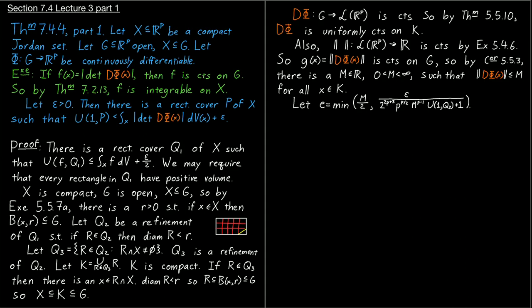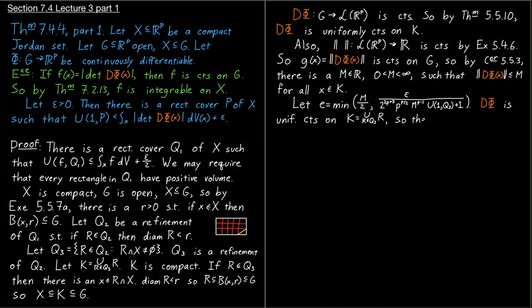And then our d phi is uniformly continuous on K, on all the rectangles in Q3.